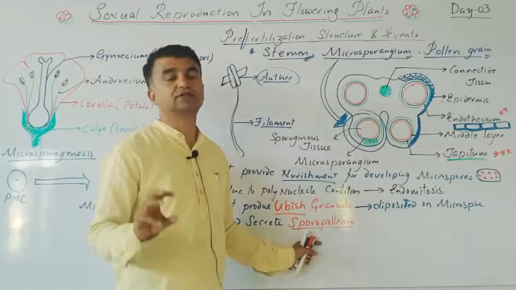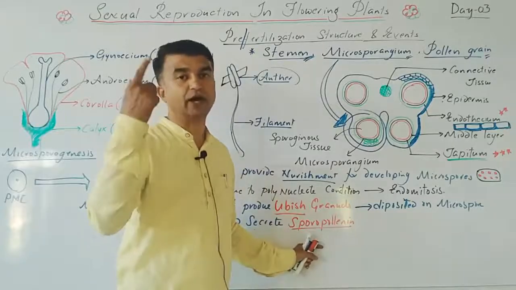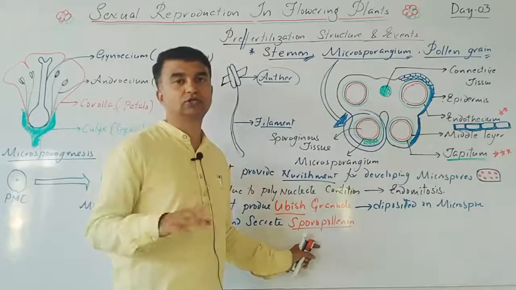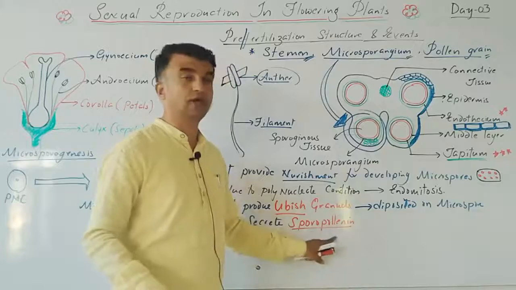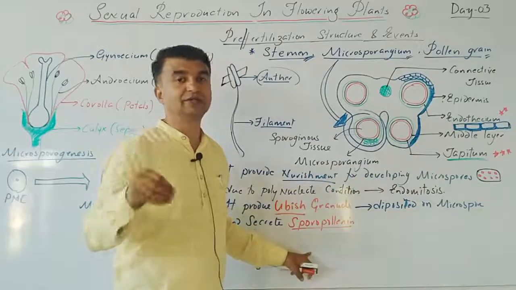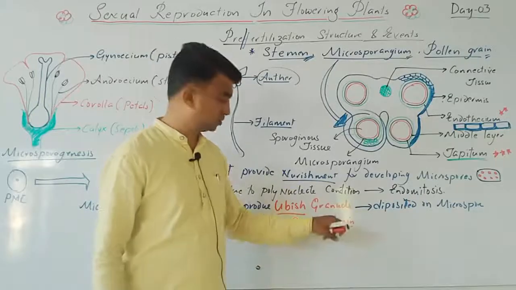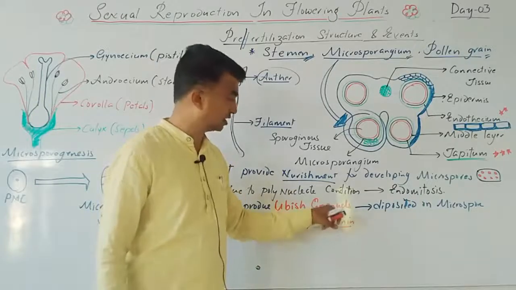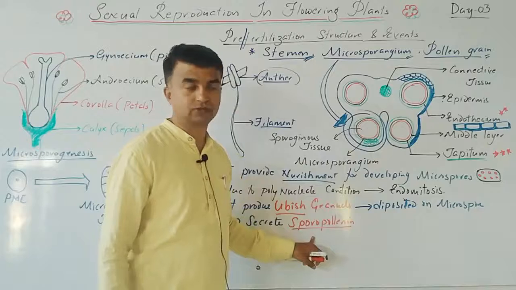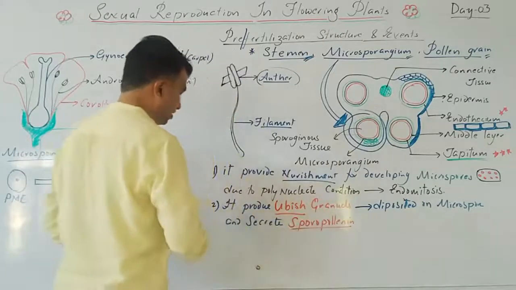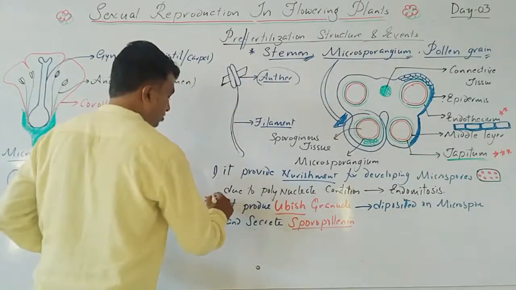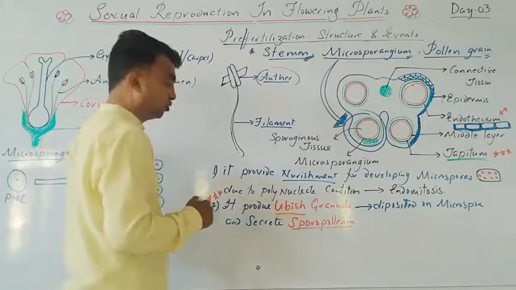Sporopollenin is the toughest material, which can withstand even high temperature, alkaline conditions and acidic conditions. Due to that, these microspores can be easily preserved for a longer period in nature. So sporopollenin is secreted from the tapetum. Functionally this is very, very important: Ubisch granules and sporopollenin.